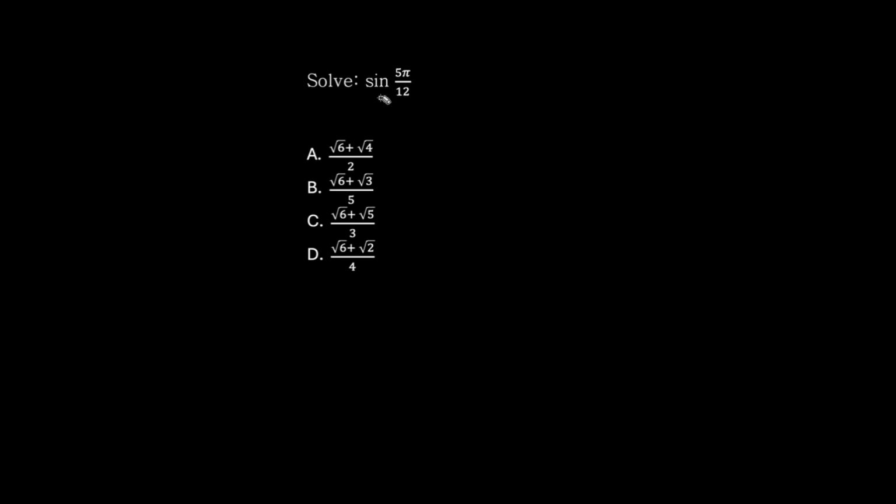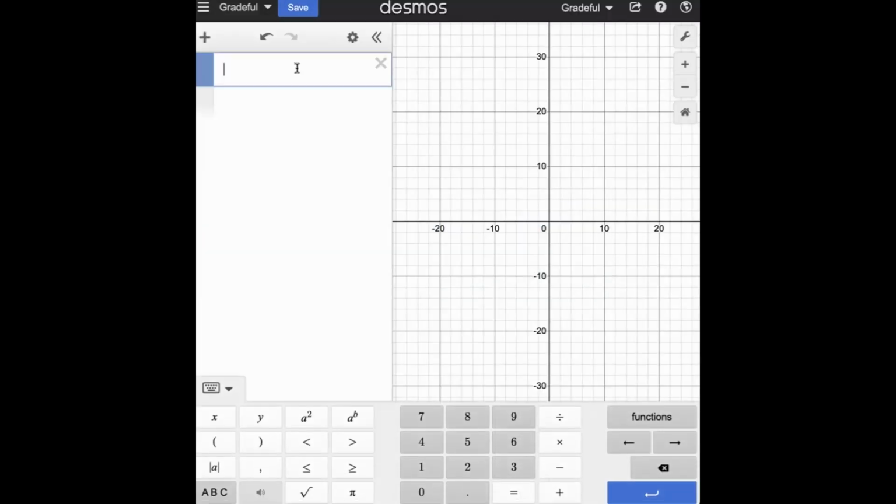Let's say we had to solve the sine of 5 pi over 12. Now look at these answer choices. They look really complicated. If you didn't even know something like this was going to be on the SAT to begin with, this would be really scary. But we do the same thing we did before. Just go over to your Desmos graphing calculator and enter in sine of 5 pi over 12.